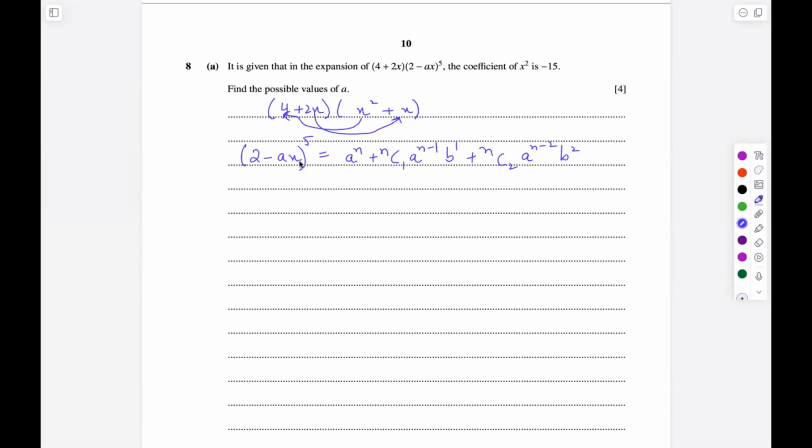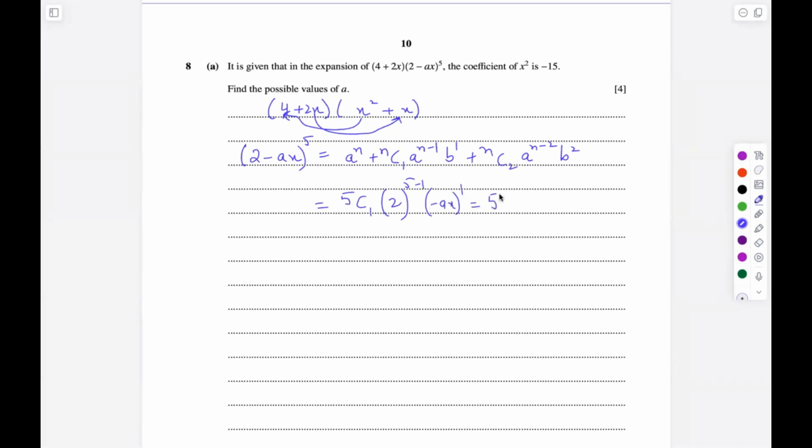Now in place of b, we have ax, and as we need the powers x and x squared, we can use nC1 and nC2. So using 5C1, this will become 5C1 into, as there's a negative sign over here, we'll have to be careful about that. In place of a, we'll write 2, and this will become 5 minus 1. And as b is -ax over here, we'll write (-ax)^1.